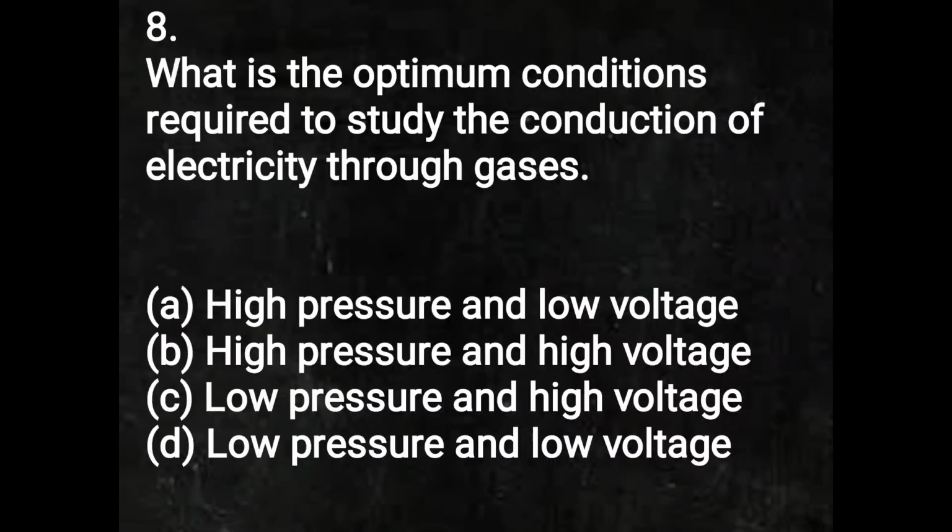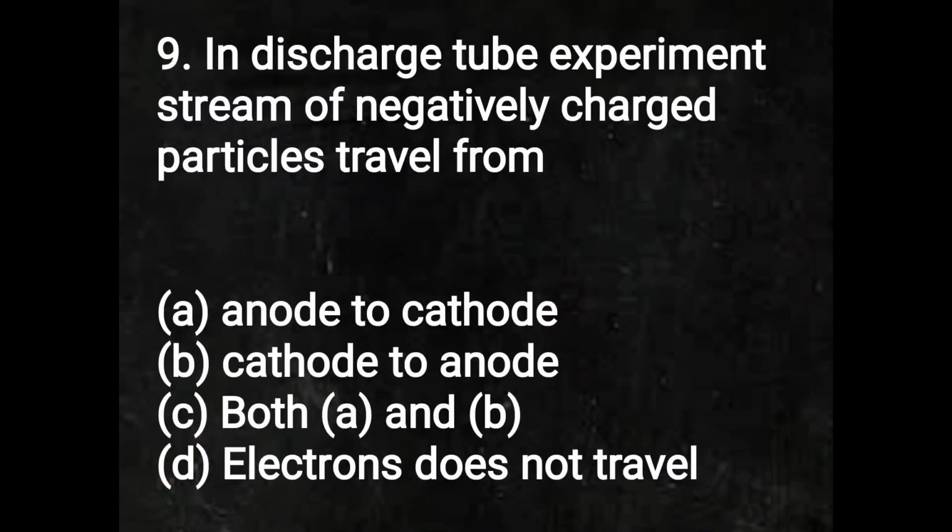What are the optimum conditions required to study the conduction of electricity through gases? Option C, low pressure and high voltage. In discharge tube experiment, a stream of negatively charged particles travels from cathode to anode.